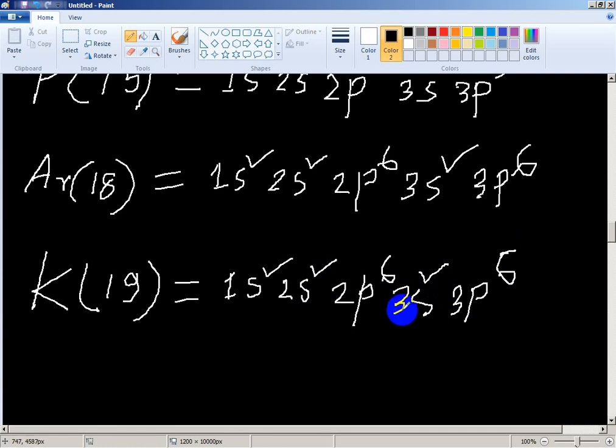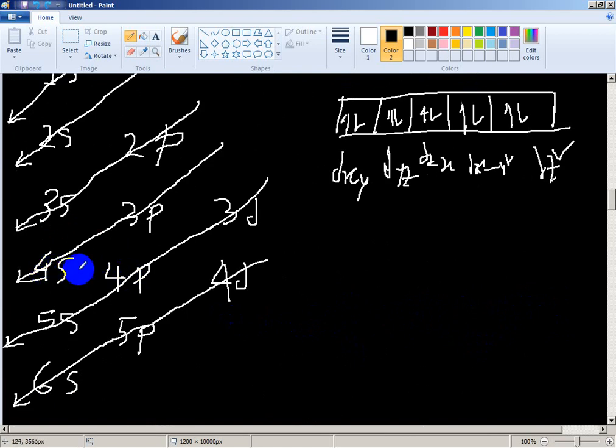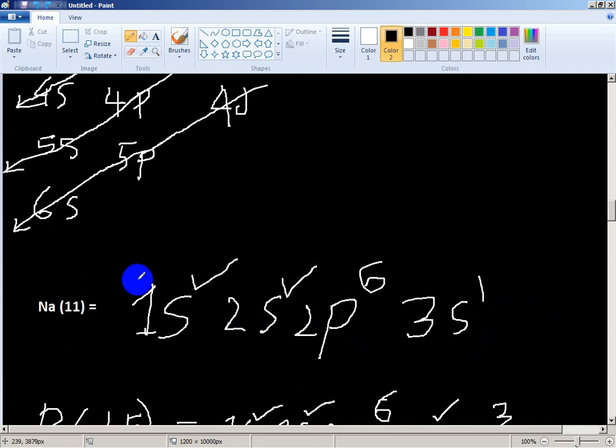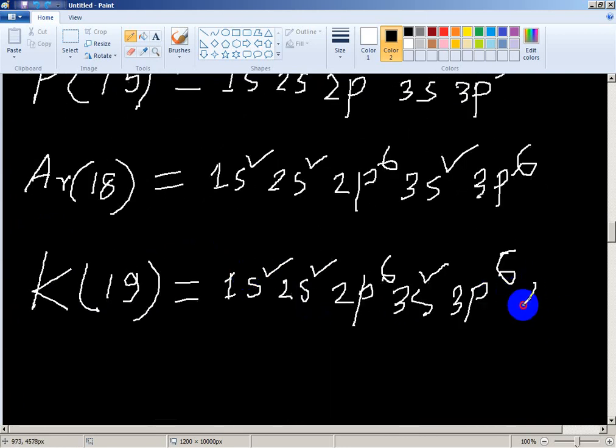Here after 3s, 3p, it should be 3d, but not 3d. It will be 4s. This is the question: why does the electron enter the 4s orbital instead of the 3d orbital? This is the third shell, so it should be 3s, 3p, 3d, but the electron enters the 4s orbital. Do you know why?